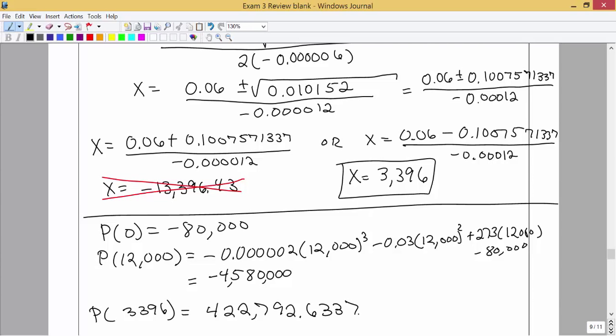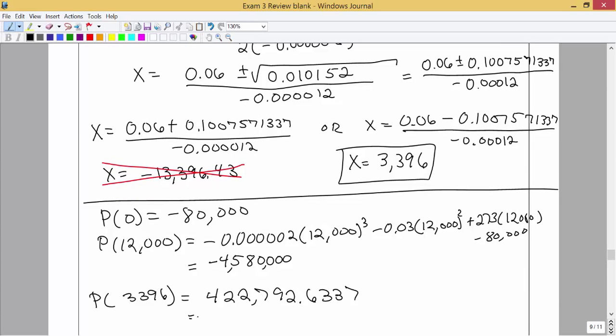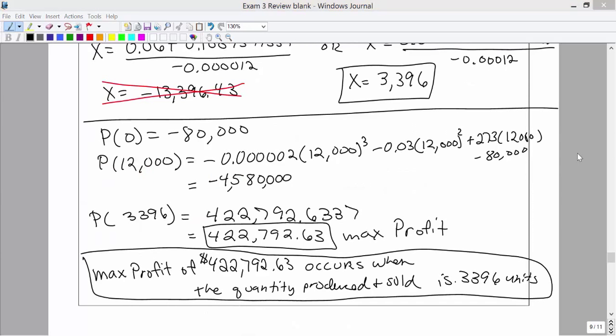So we're going to round to the nearest cent. Okay, so this turns out to be the maximum profit. And we would say that that maximum profit occurs when the quantity produced and sold is 3,396 units.